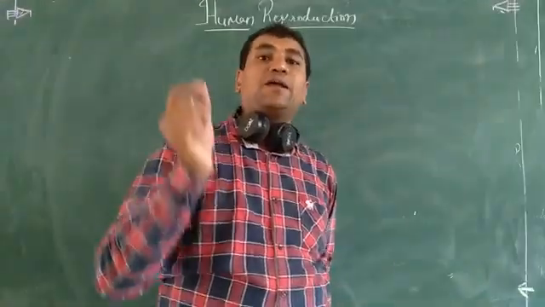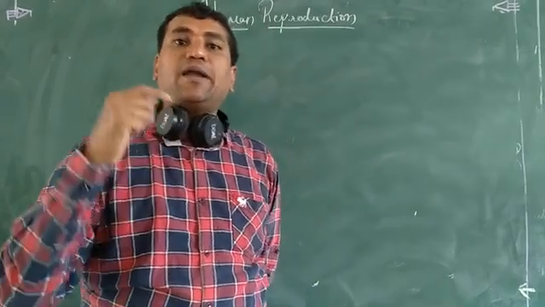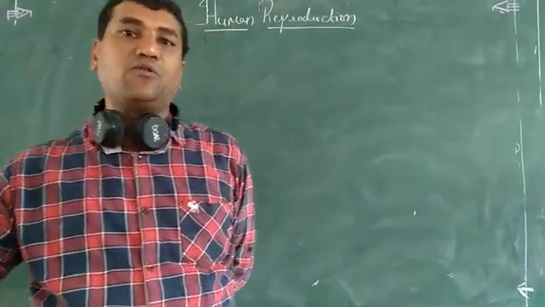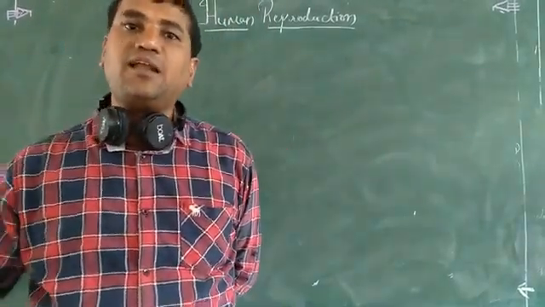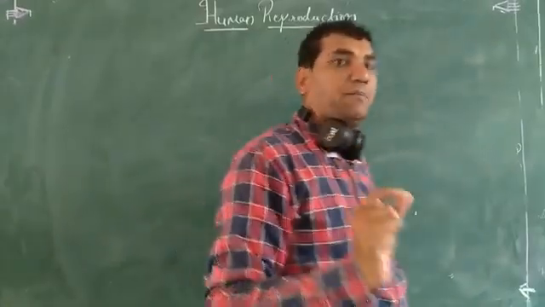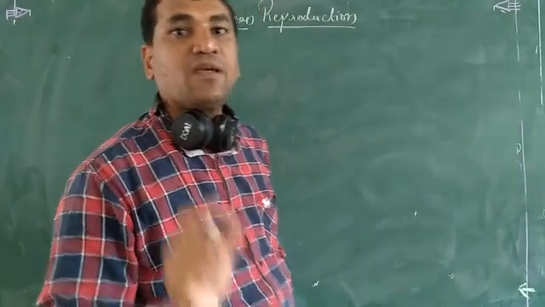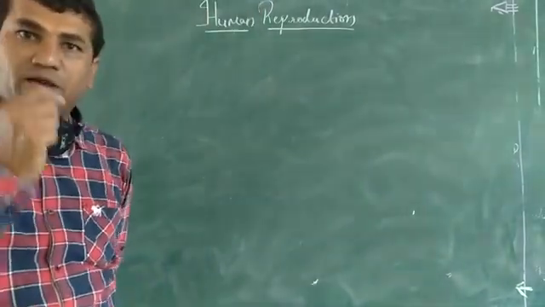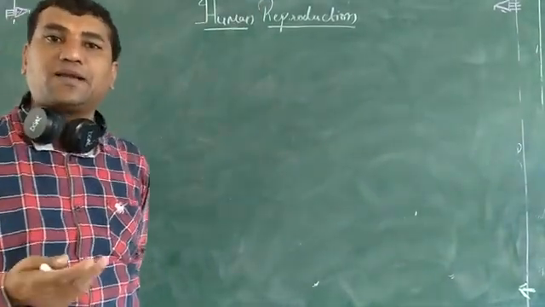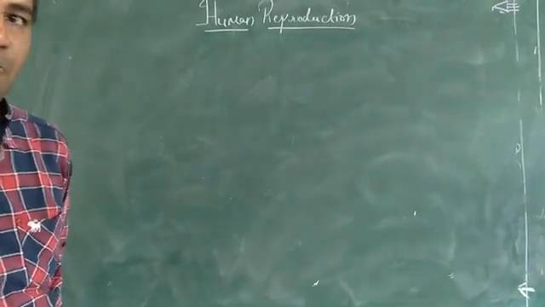How that is converted into an embryo, and how this embryo is converted into a fetus, then into a child, what is the gestation period and what is parturition. Apart from this, we will learn the developmental process of gestation.